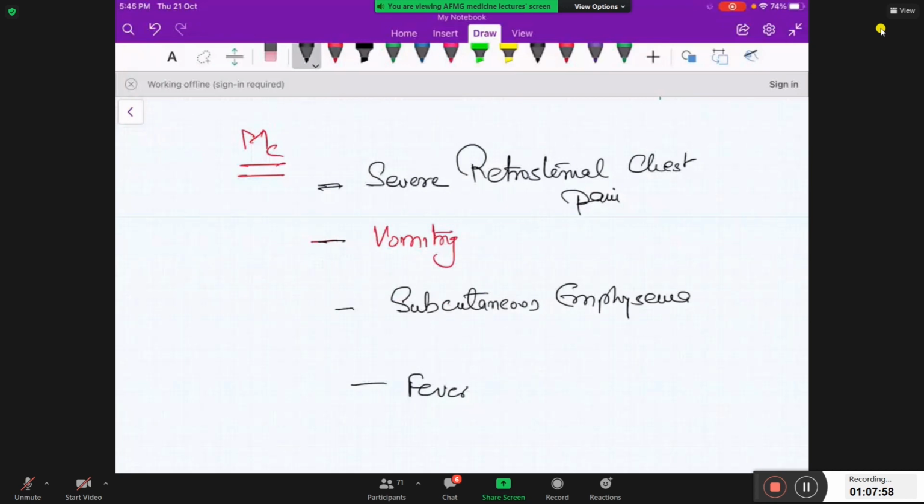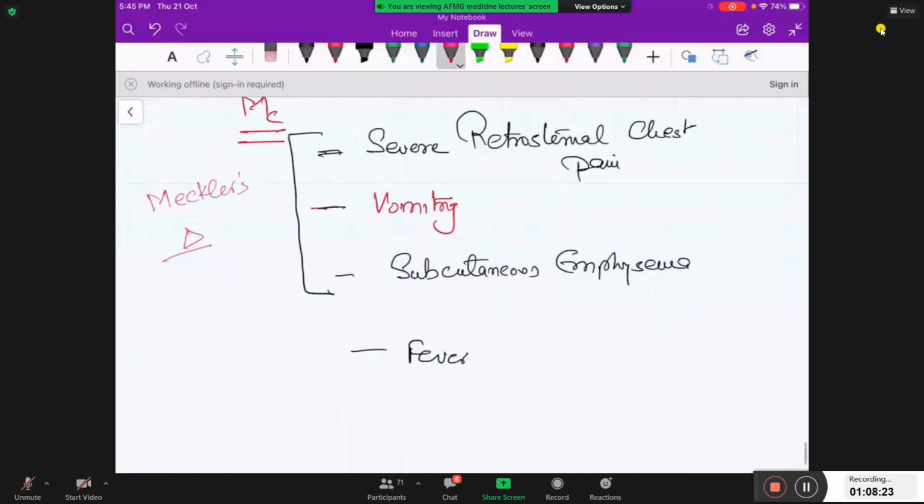So when you put a hand on the chest of the patient, you will find a crunching kind of sound. Means there is an air kind of a feeling you will get inside, that is called subcutaneous emphysema. And these three things together, important point, is called Meckler's triad.